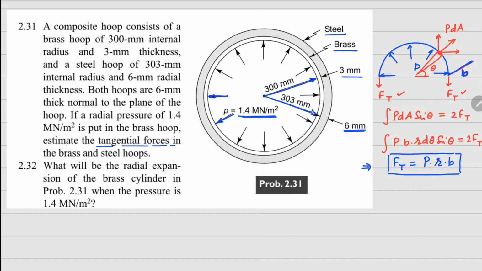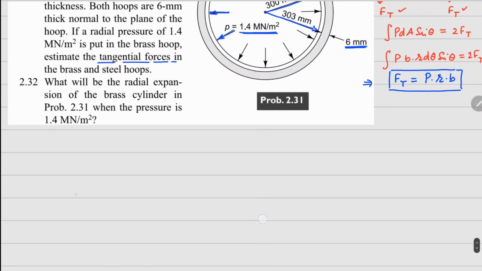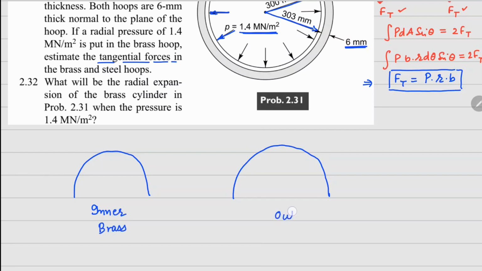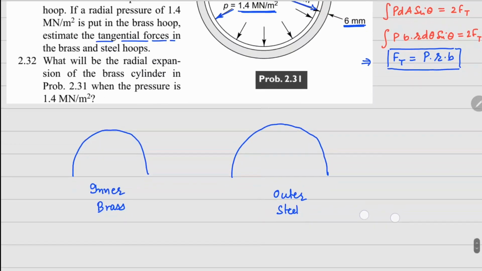Now let's look at this problem. Let's isolate these two separately. So if I look at the inner hoop, and this one is your outer hoop. So this one is inner, which is made of brass, and this one is your outer one, which is made of steel. Okay.